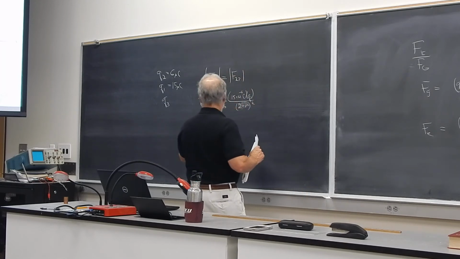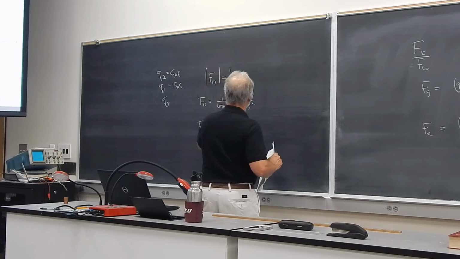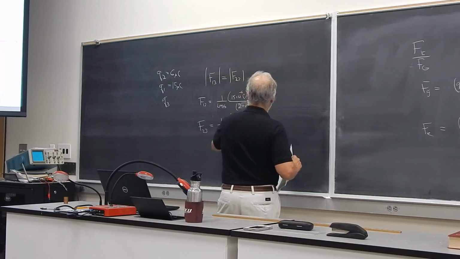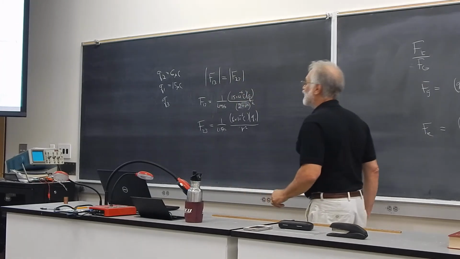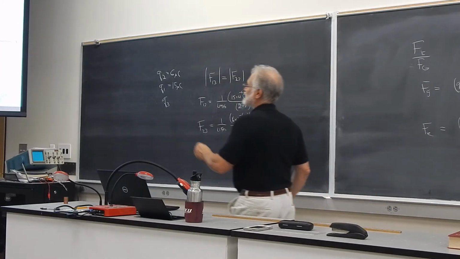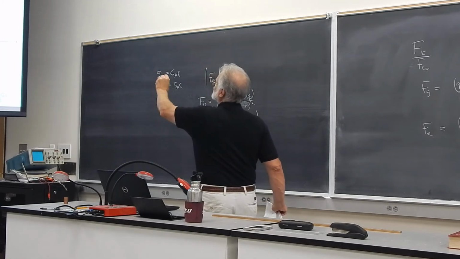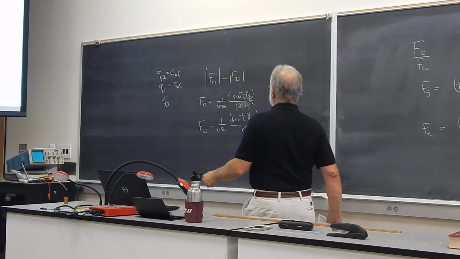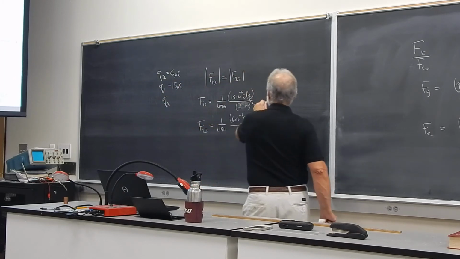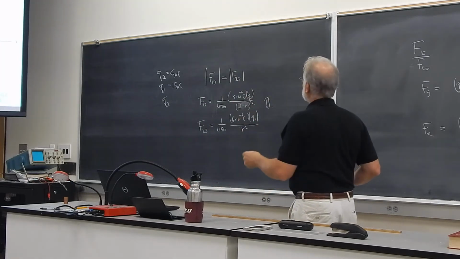Let's call F23 1 over 4 pi epsilon naught 6 times 10 to the minus 6 coulombs times Q3 divided by r squared. Right? If the location of the charge is at some distance r with respect to Q2, then it must be at some distance 2 meters minus r with respect to Q1. These two forces have got to be equal in order for the net force on Q3 to be 0.